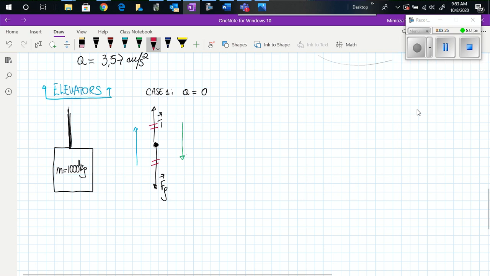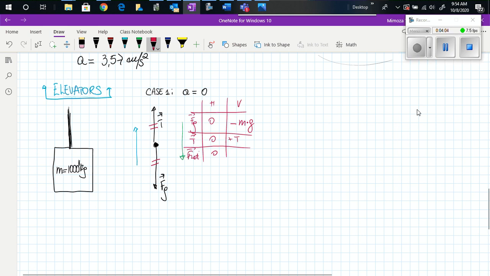Even if we do the table, horizontal and vertical, we have force of gravity, tension, and net force. Horizontally, everything is 0 because the object is not moving left or right. It's just going up or down. Force of gravity is negative the mass of the object, which is the mass of the elevator itself and the people in the elevator, times g.